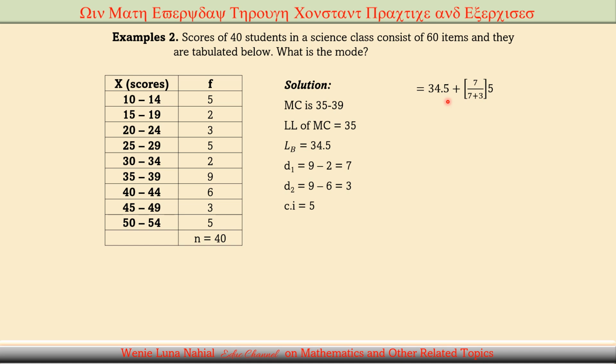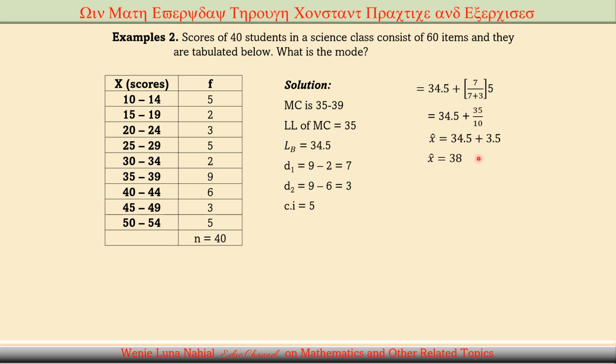So, all we have to do is plug in. For lower boundary, we have 34.5. D sub 1 is 7. D sub 2 is 3. Then the class interval is 5. So you have 7 plus 3, that is 10. Then 7 times 5, that is 35. Then 35 divided by 10, that is 3.5, plus 34.5.